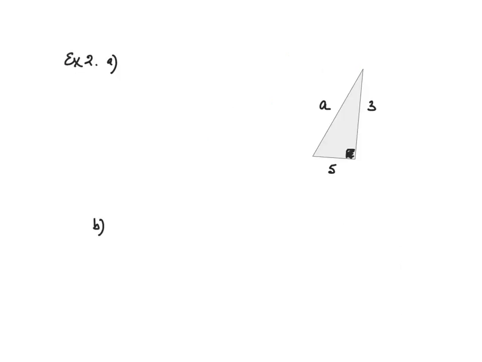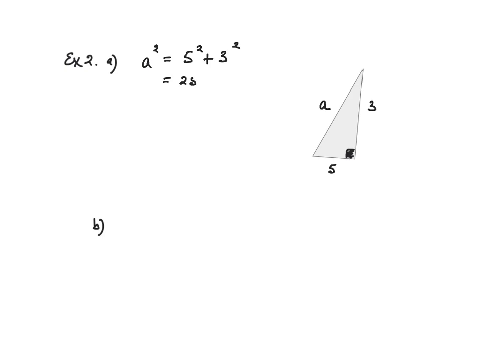Example 2, part A, what we want to do is apply our knowledge of Pythagoras to this right angled triangle to find the value of a, and then we want to leave a as a surd. So well, let's apply Pythagoras. It's the hypotenuse we're calculating, so our calculation will take this form: a squared equals 5 squared plus 3 squared.